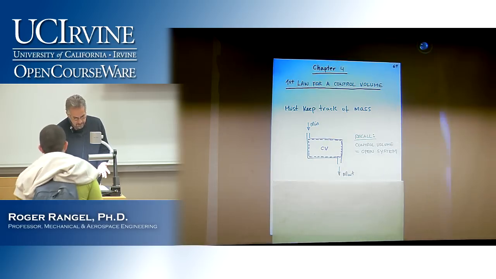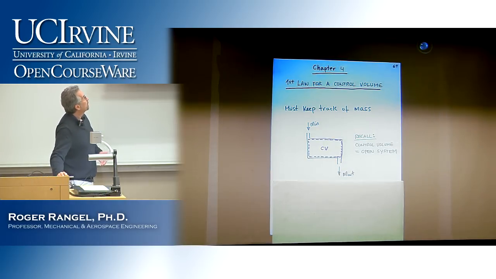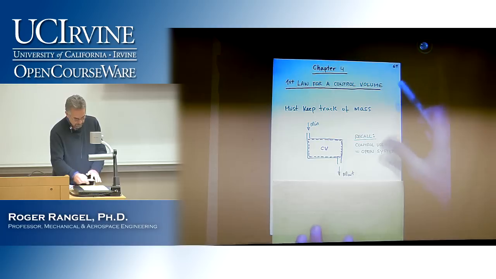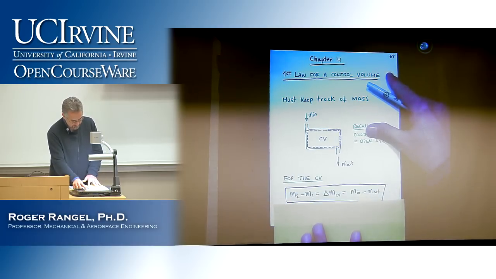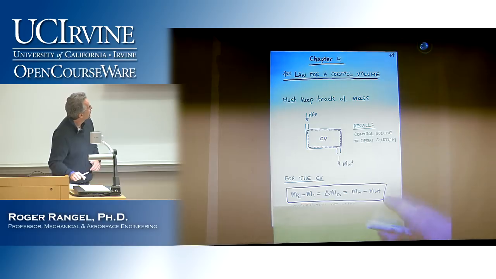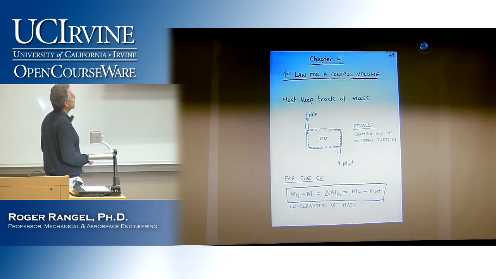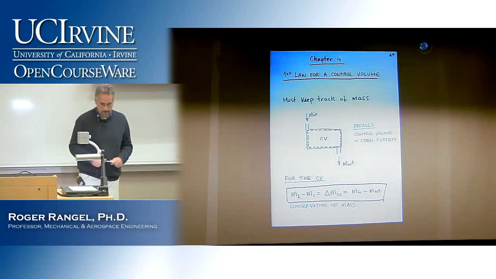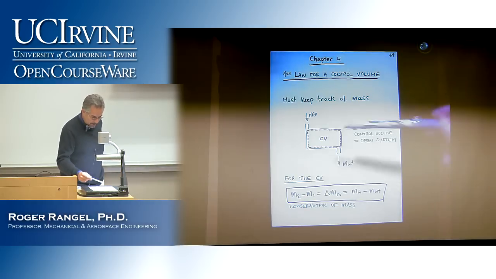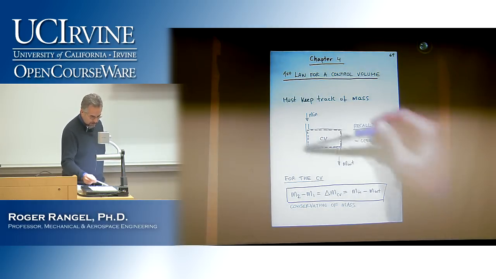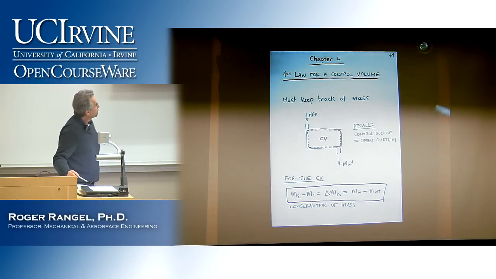So mass conservation, which is the way we keep track of mass, is actually very simple, because if we keep track of mass in this situation, it's not very hard to come up with the equation that you see right there in the box. For example, I could keep track of the mass change inside the control volume.